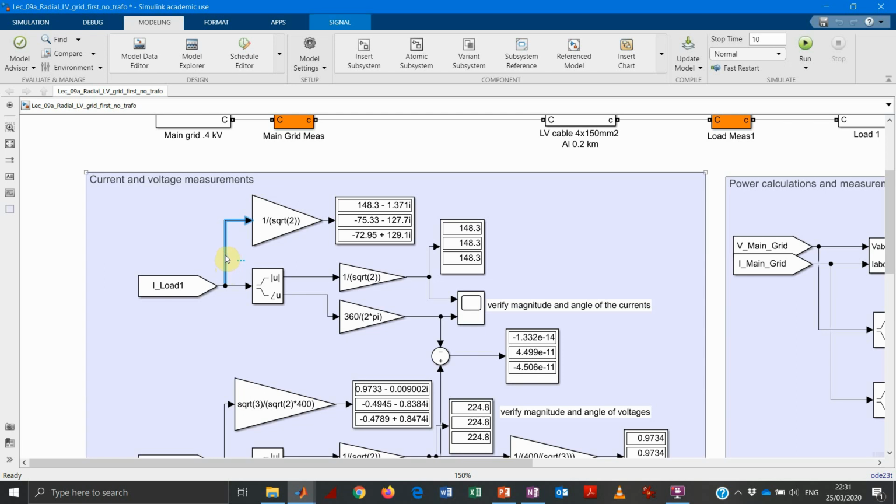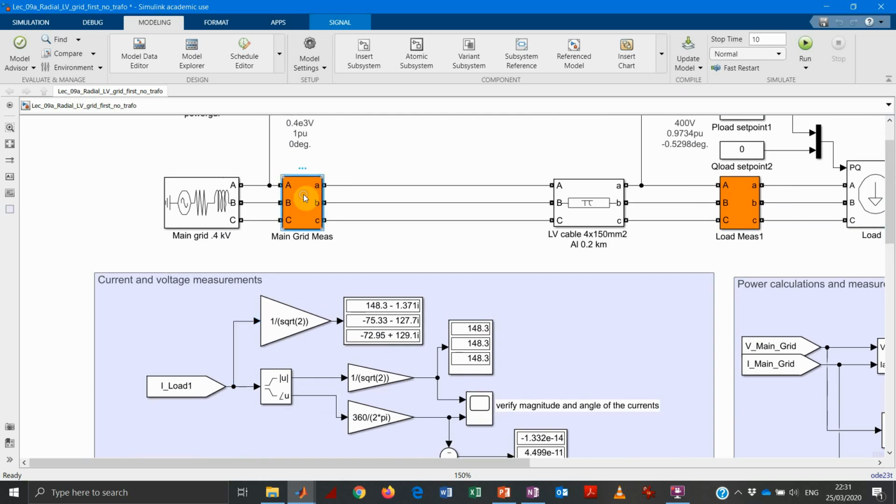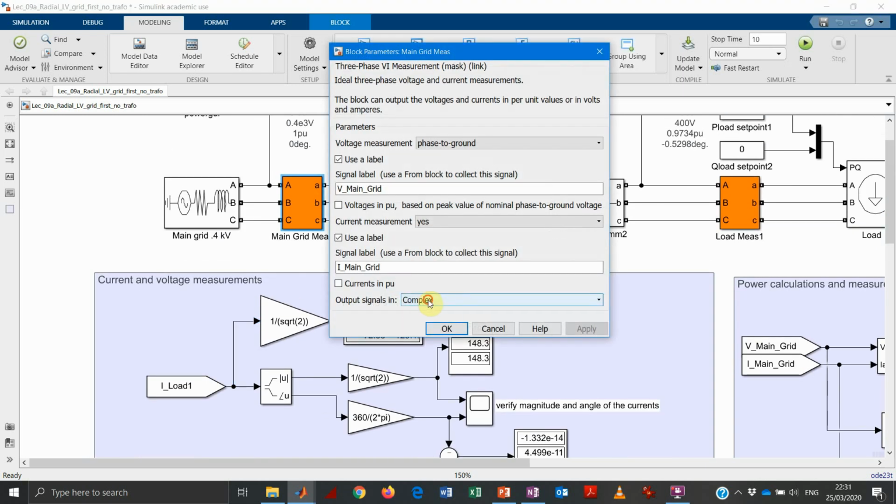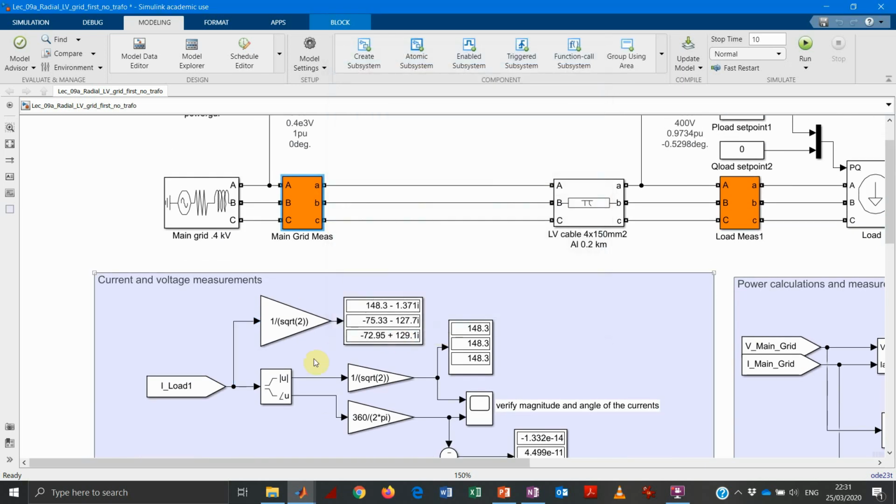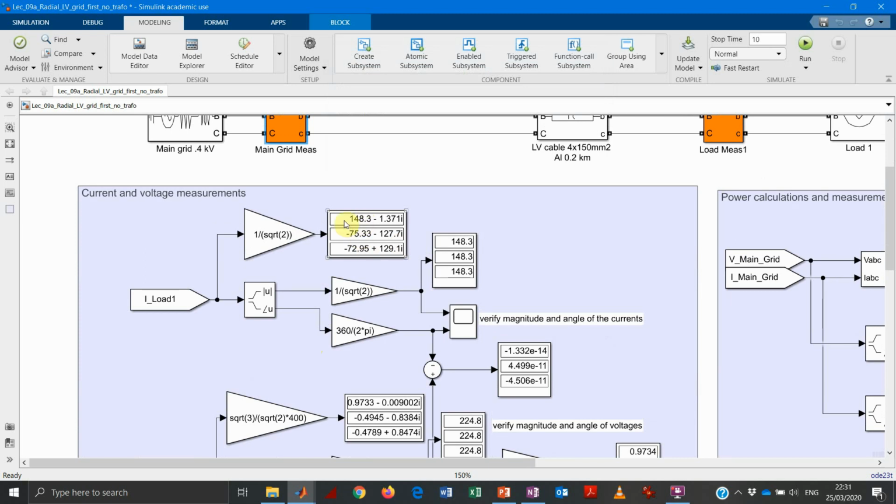So there are actually 3 complex numbers. It's a complex number because I decided that I wanted to have a complex number as an output. And that means that I will have a set of 3 values with, let's say, a real and an imaginary part. So that will be my 3 currents, actually.